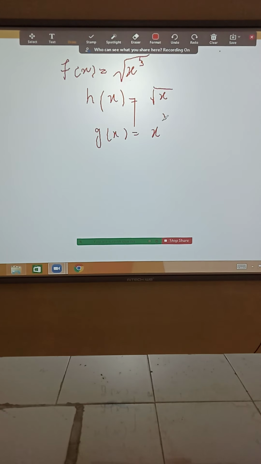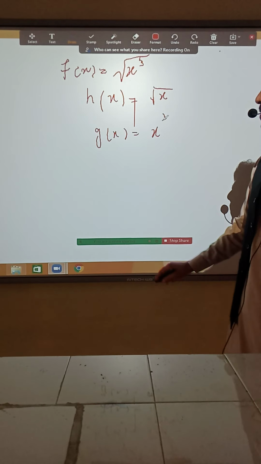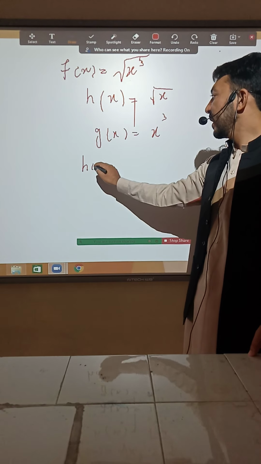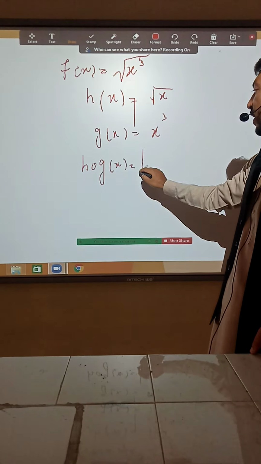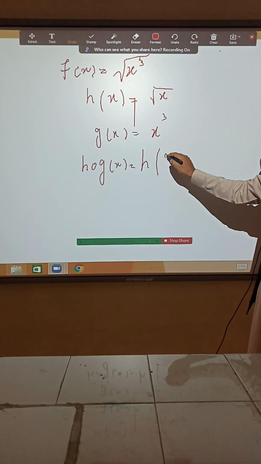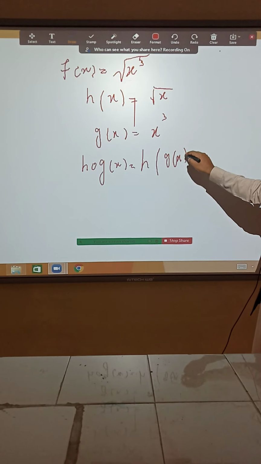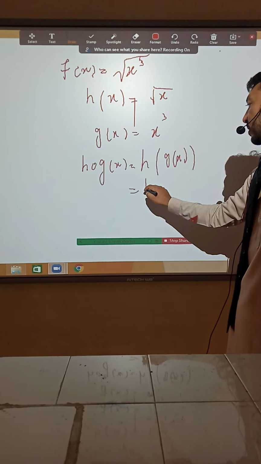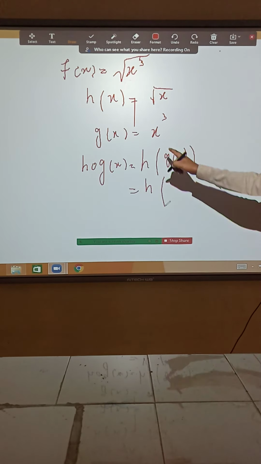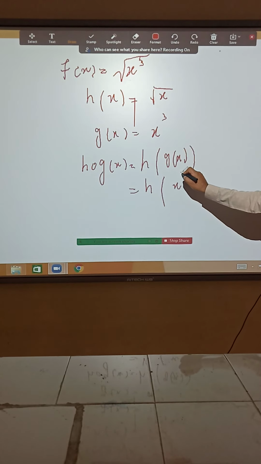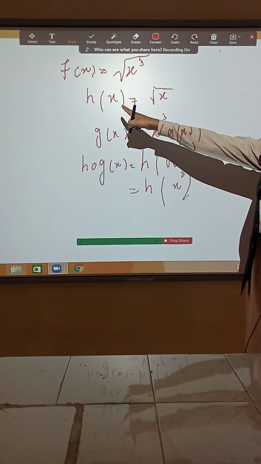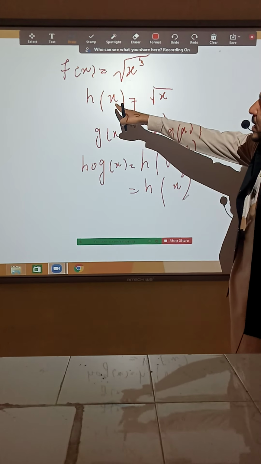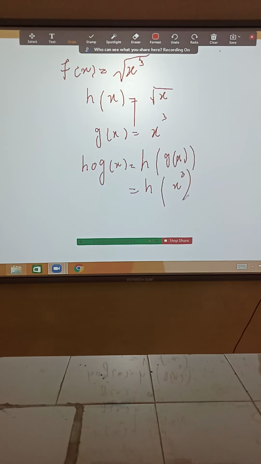Now, if I take the composition of h circle g, by definition that will be equal to h of g of x. In place of g of x, I will replace x cube, and then I will use the definition of h. h of x is equal to the square root of x.